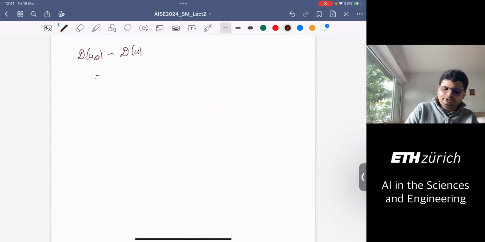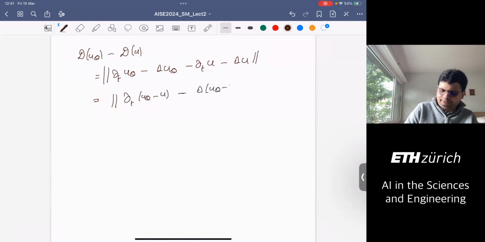D of u theta is nothing but dt, the partial derivative of u theta, minus Laplacian of u theta, minus dt of u, minus Laplacian of u. Let's put some norm here. So this is nothing but dt of (u theta minus u), minus Laplacian of (u theta minus u), right? The differential operators are linear.